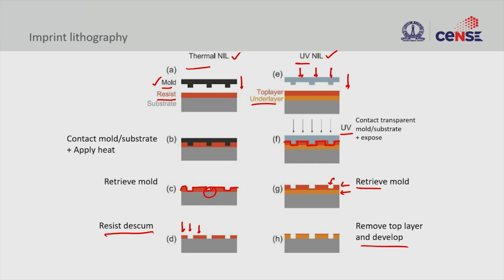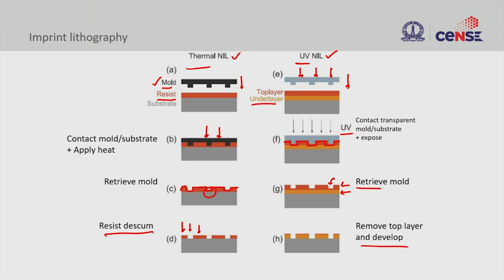One of the important things here is the force that we apply, because this is hard contact. We can use the proximity printer or contact lithography tool to do this lithography. We don't need any special equipment.